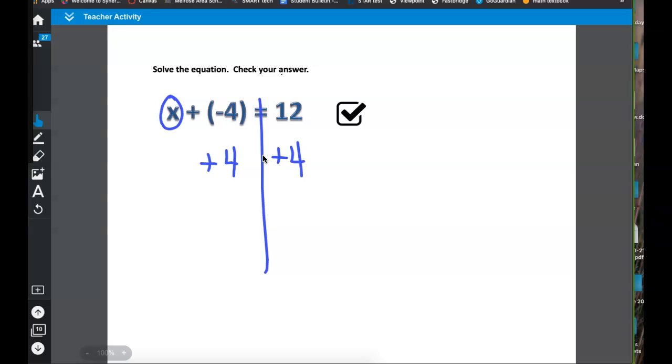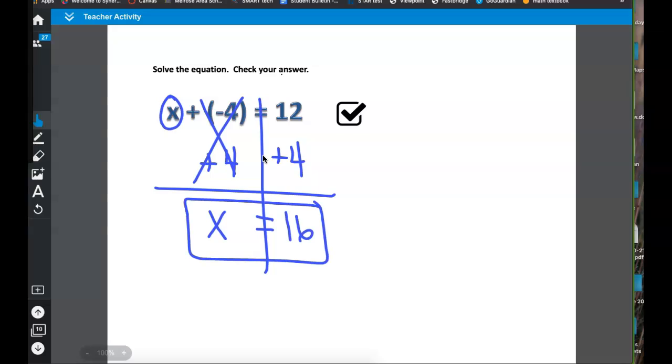Okay, now the whole point of doing that, you guys, is to cross off this -4 and +4. That's now gone. It disappeared. Okay, so we only have what's circled, the x, equals, our equal sign goes right on the line. 12 plus 4 is 16. You do not need to rewrite that anywhere else. Just box it. You're done.